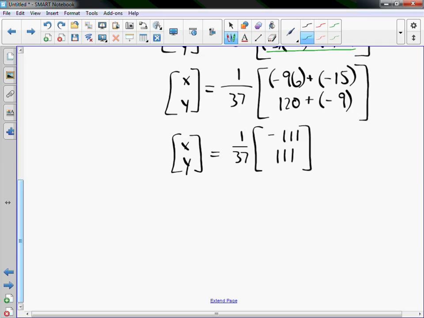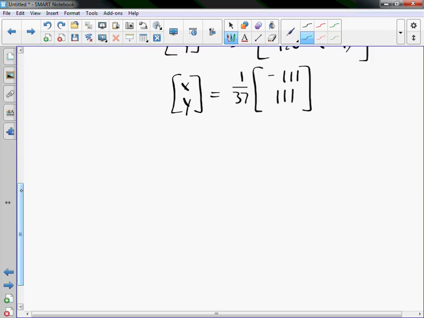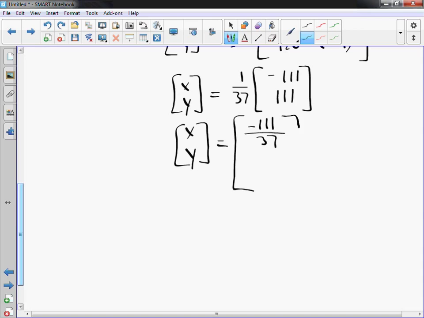Okay, and then let's do the scalar multiplication. It's basically distribution. We're going to distribute, or scalar multiply, the 1/37 through that entire matrix. So on the top we have negative 111 over 37, and on the bottom we have positive 111 over 37, and I believe those should actually simplify pretty nice.